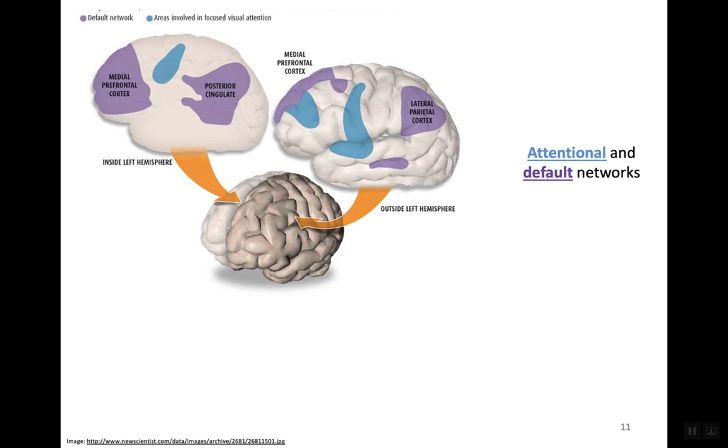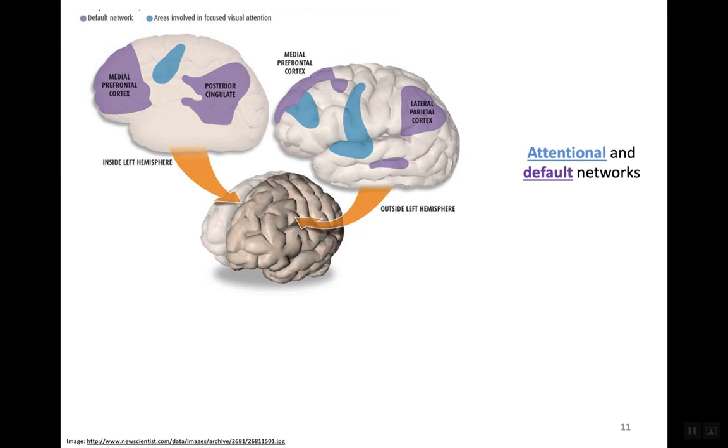And this is the default network, or the default state network. And it comprises, again, an entire number of regions that span the frontal and the parietal lobe. It contains the medial prefrontal cortex and the posterior cingulate, and a large chunk of the lateral parietal cortex as well.